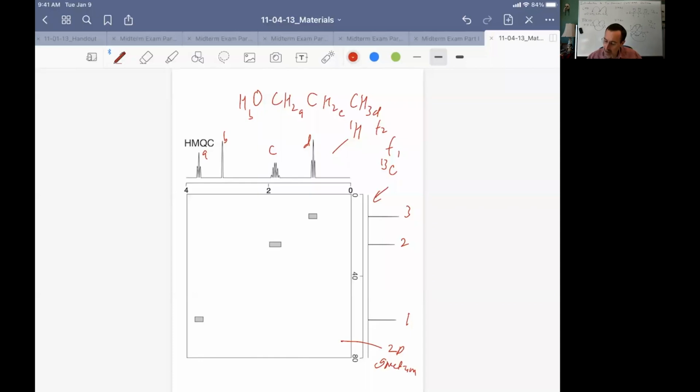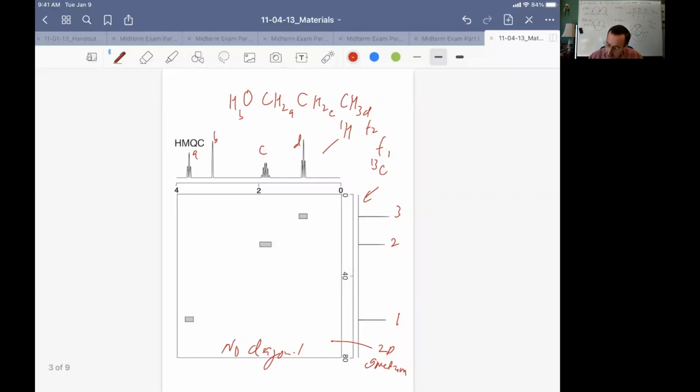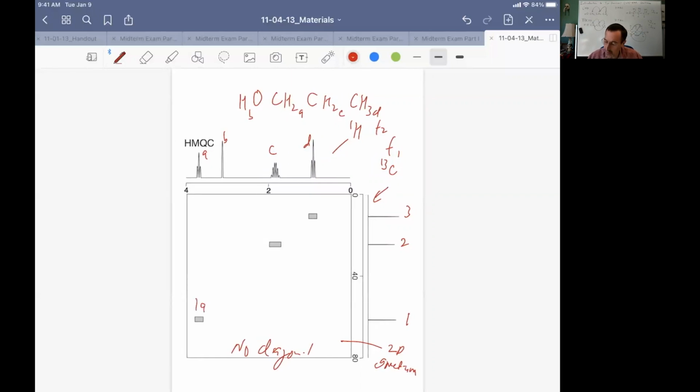We have no diagonal, and every carbon gives a cross peak with the hydrogen. So carbon 1 gives a cross peak with hydrogen A, or with proton resonance A, and so we can say, oh, that's C1. And carbon 2 gives a cross peak with resonance C, so we can say, oh, that's C2.